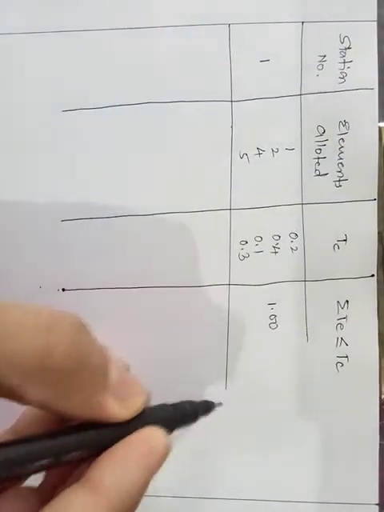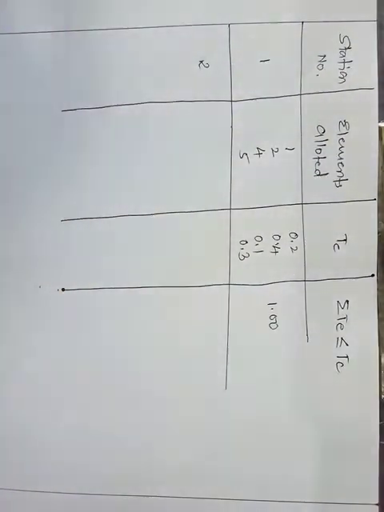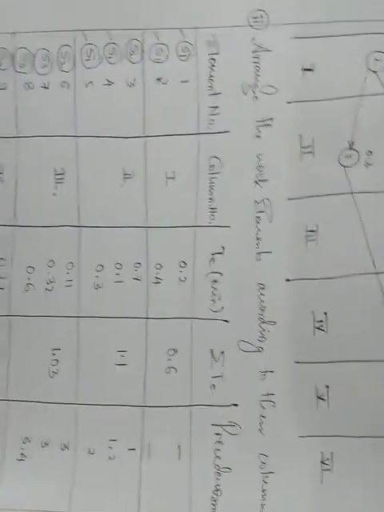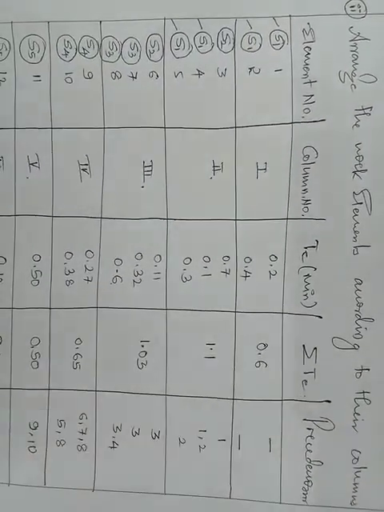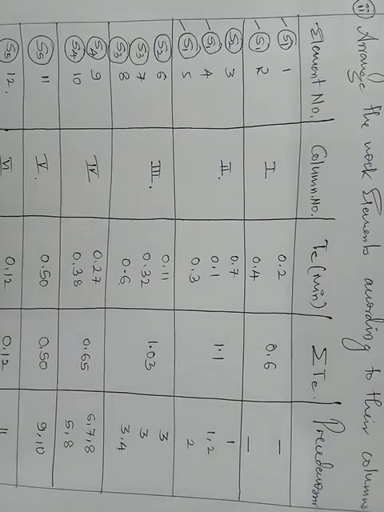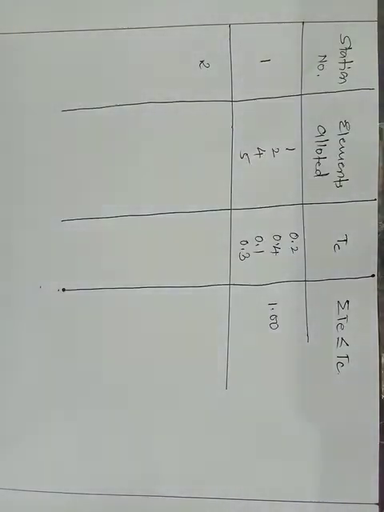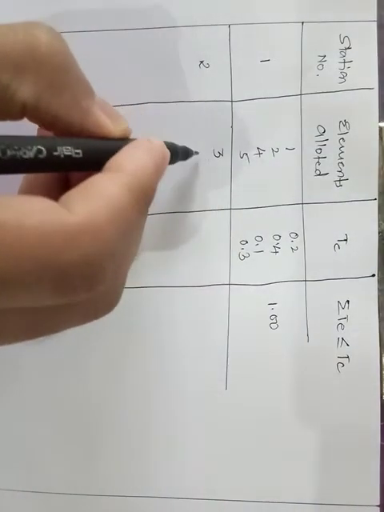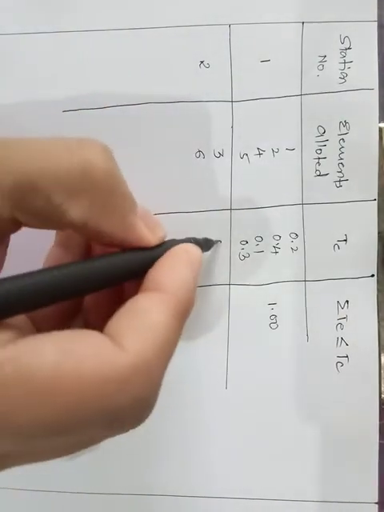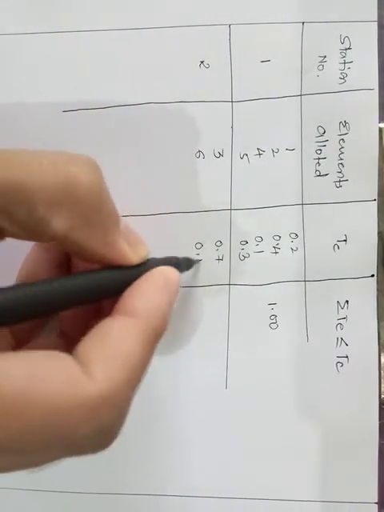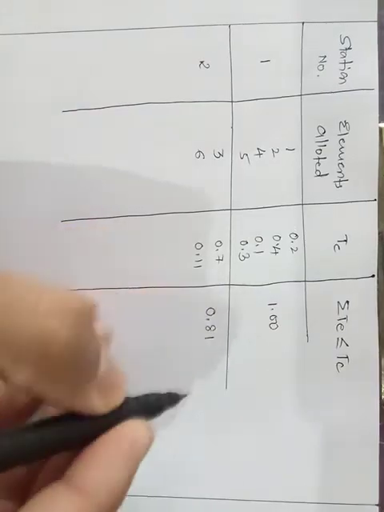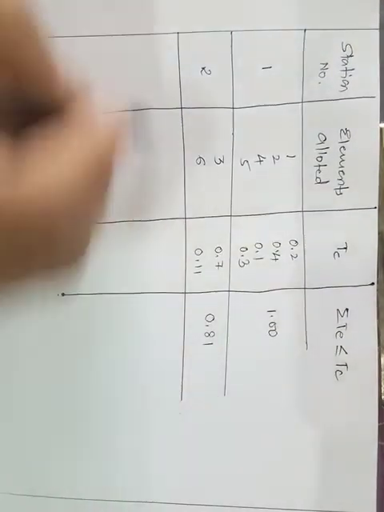So close this. Go for station number 2. Once again, check where you have station 2. You have station 2 here and here. So 3 and 6 will come under station number 2. It is 0.7, 0.11, it is 0.81. Close this.